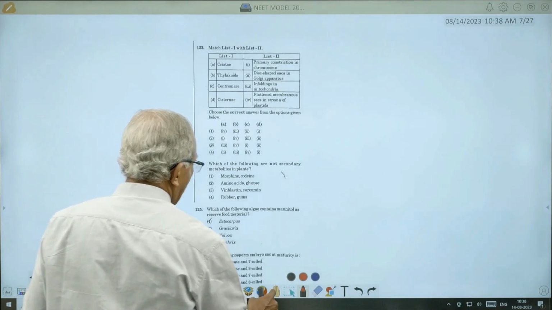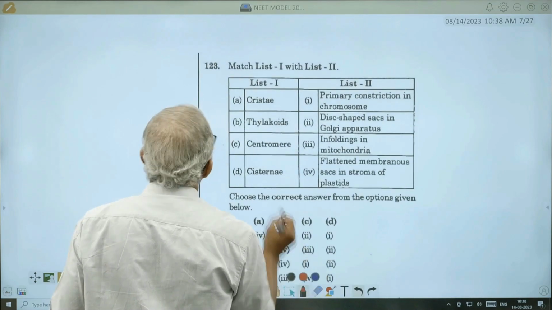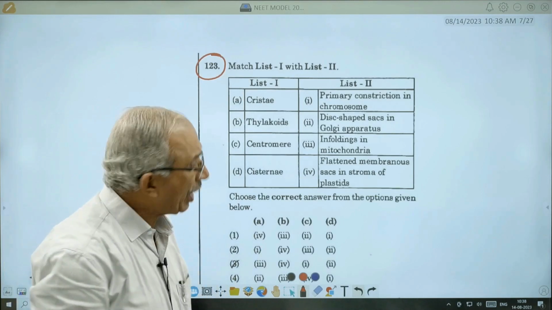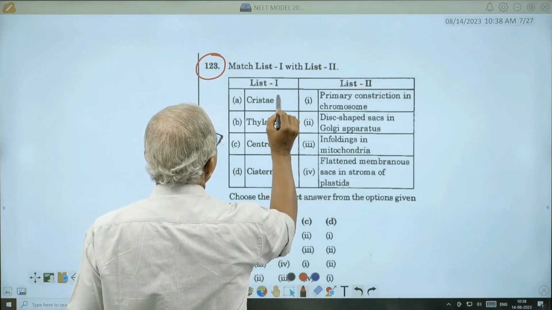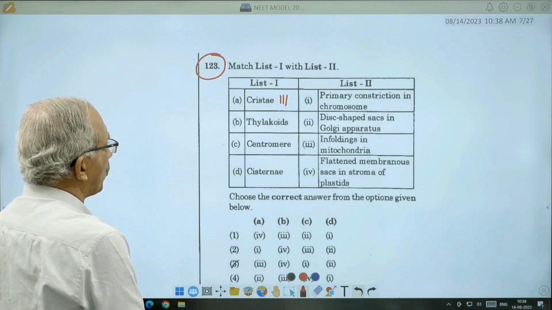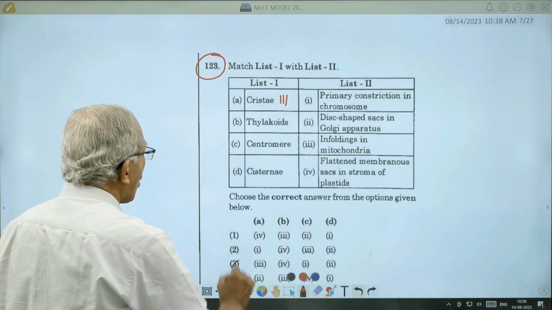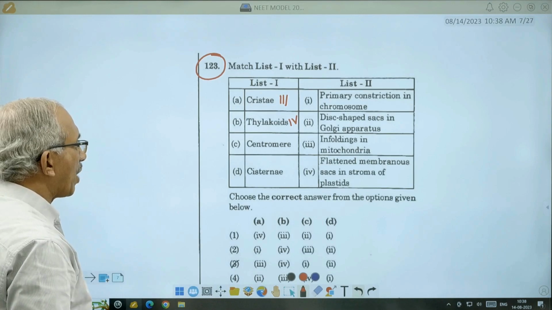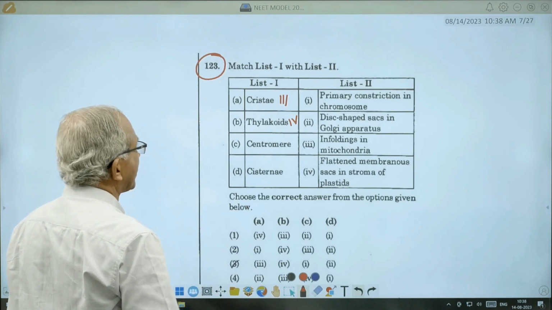Next question 123. Match the following. Cristae can be matched with 3 because they are enfoldings of the inner mitochondrial membrane. Thylakoid can be matched with 4 because they are flattened membranous sacs found in the stroma of a plastid.